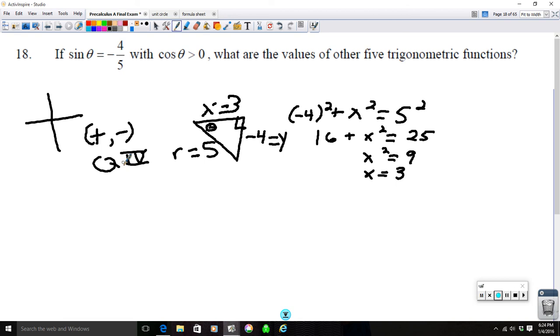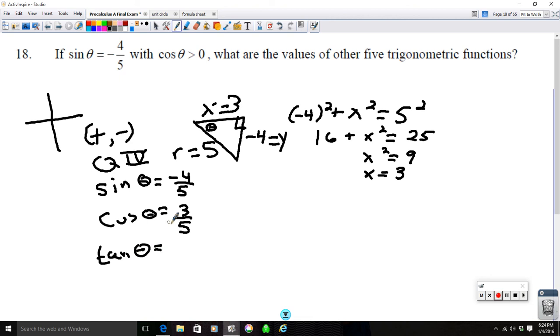So now I need to find the other 5 trig functions. So we already know sine is negative 4/5. Cosine, remember that is x over r, is going to be 3 over 5. Tangent is opposite over adjacent, or y over x, which would be negative 4 over 3.